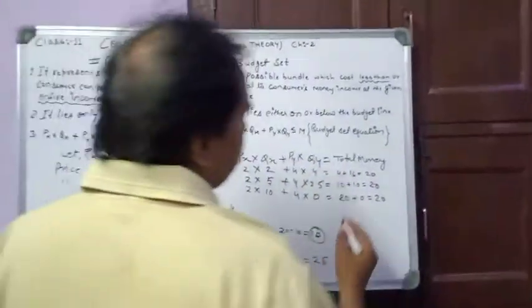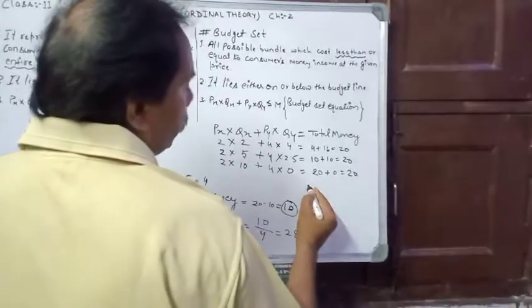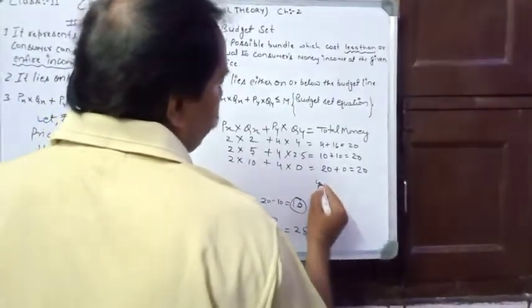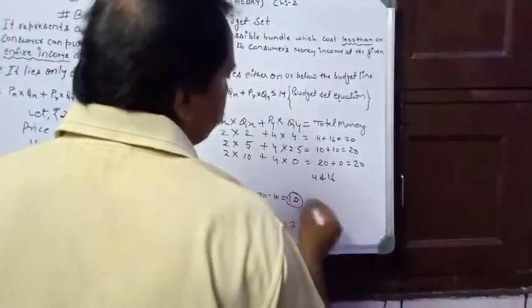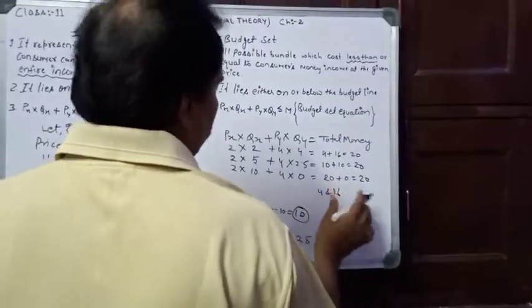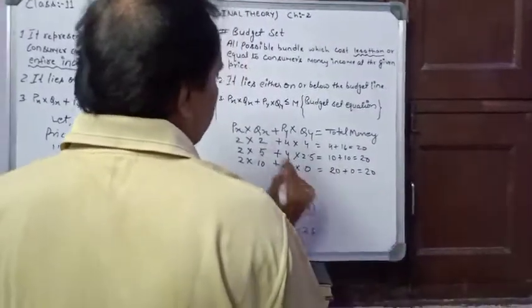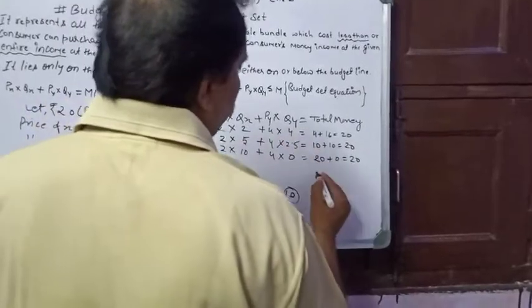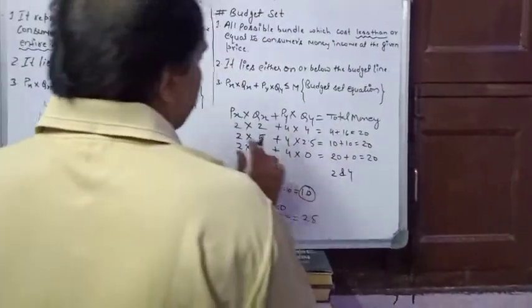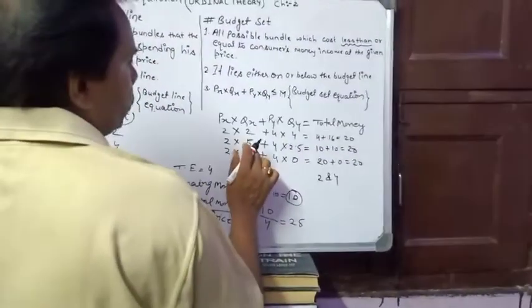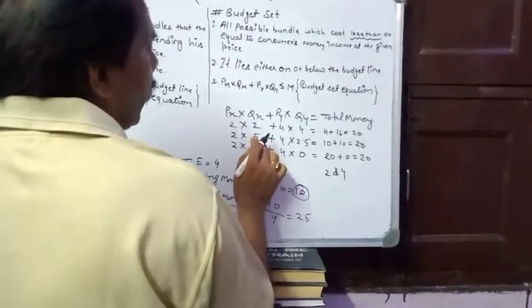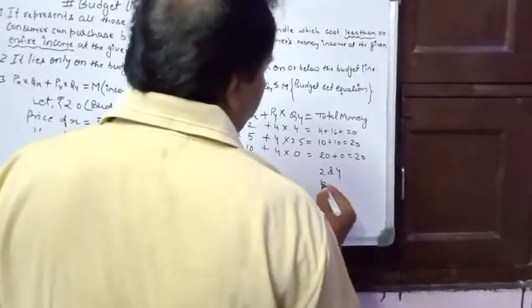So here the combination is what? Possible combination is 4 and 16. Sorry, possible combination is 2 and 4. Next possible combination is 5 and 2.5.